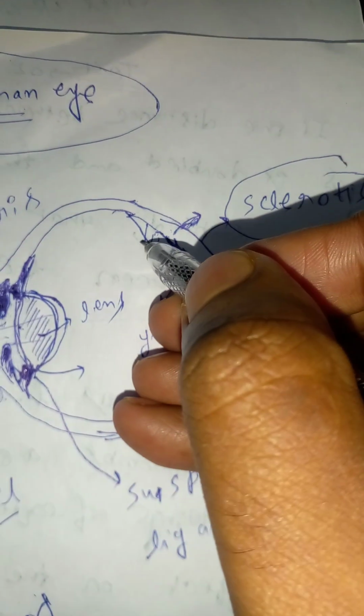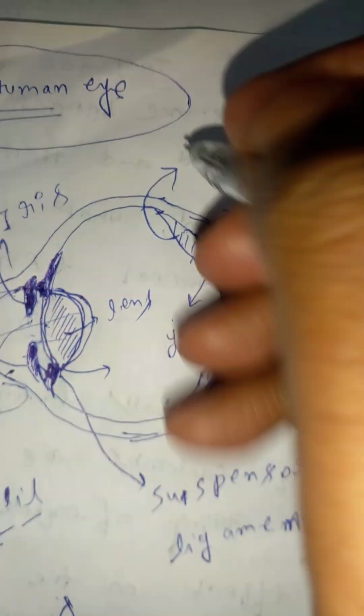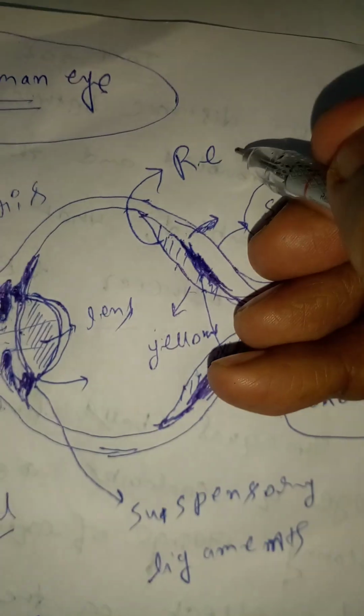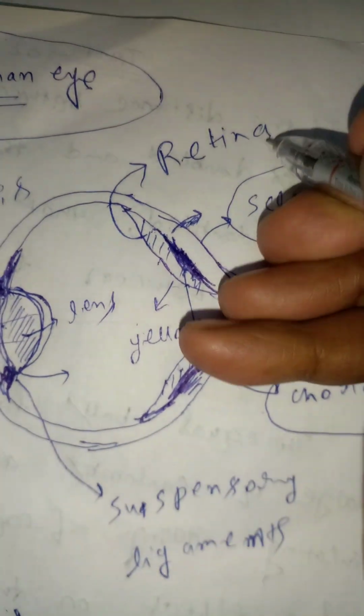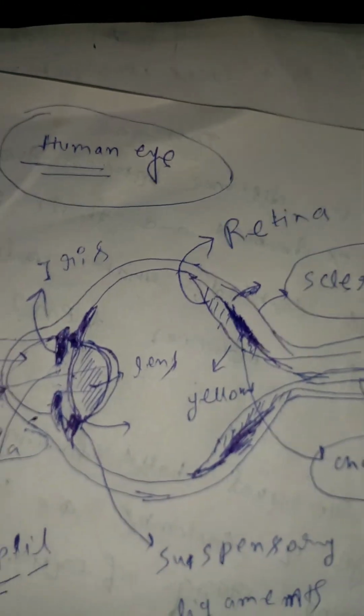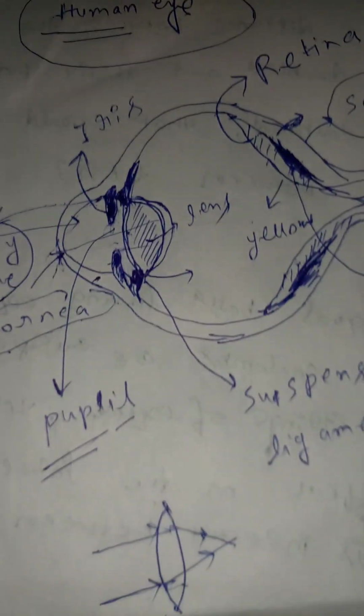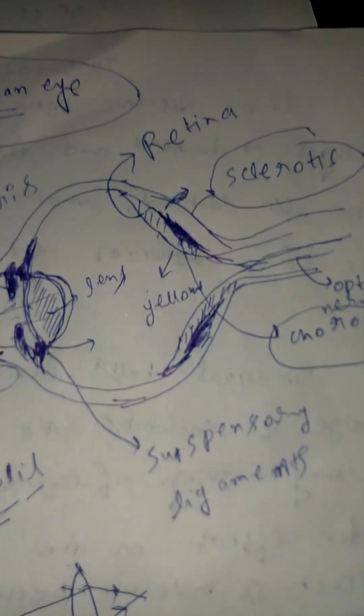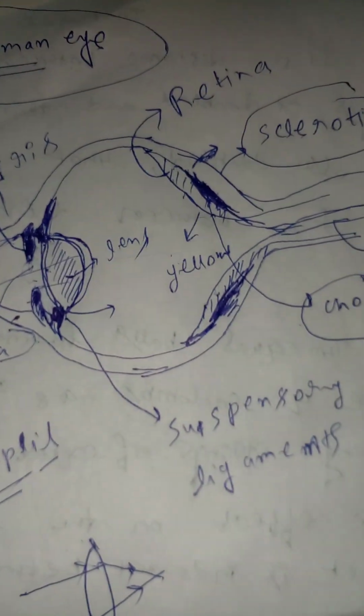And you will see the most important thing. Below the choroid, there is the most important thing, that is retina. Remember, below the choroid, retina is present. It is a delicate membrane of nerve fibers on the inner side of the black wall of the eye.